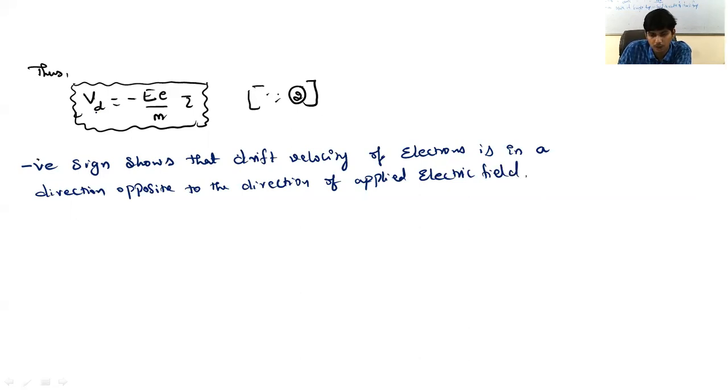So drift velocity is in a direction opposite to the direction of applied electric field. That is signified by the negative sign. So this is the expression for drift velocity. So go through this expression. This is an important 3-mark question.